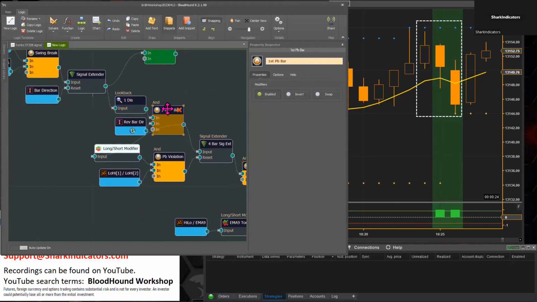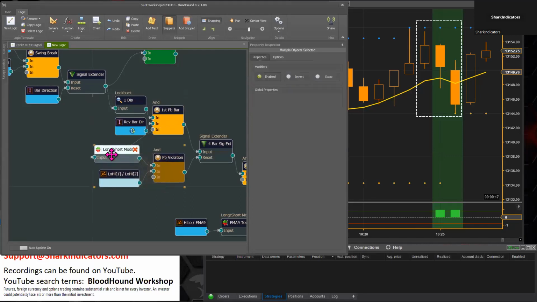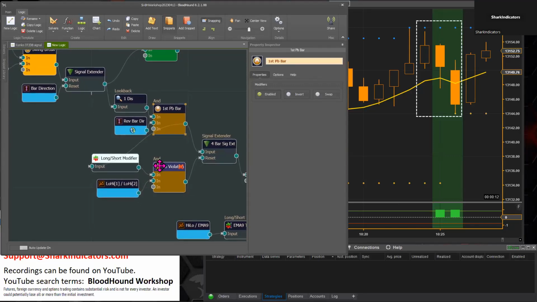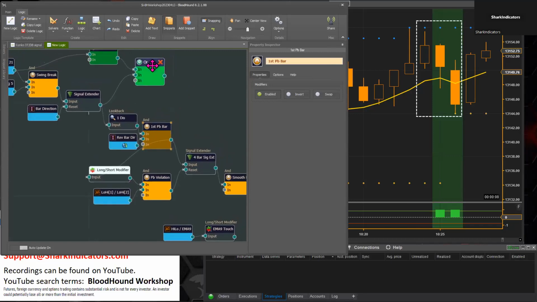All right, so remember, here we go. This kind of illustrates why it's important to label your AND nodes, and maybe your OR nodes, so that you know where to look within your system. So I labeled this guy the first pullback bar.